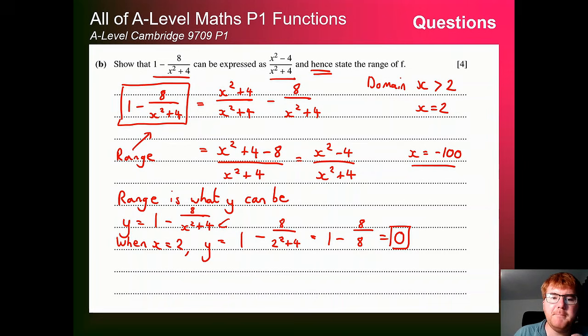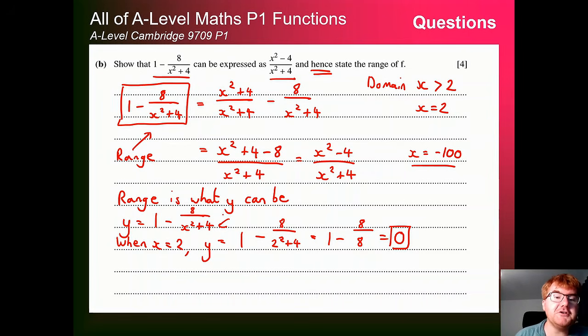If you get a very, very big number at the bottom of a fraction, then that fraction is going to become 0. Imagine 1 over a million, for example, is going to be 0.0000001. It's going to be really, really small. So if this number gets very, very big, it doesn't matter if it's negative because this will become positive anyway, then this whole fraction then becomes 0.